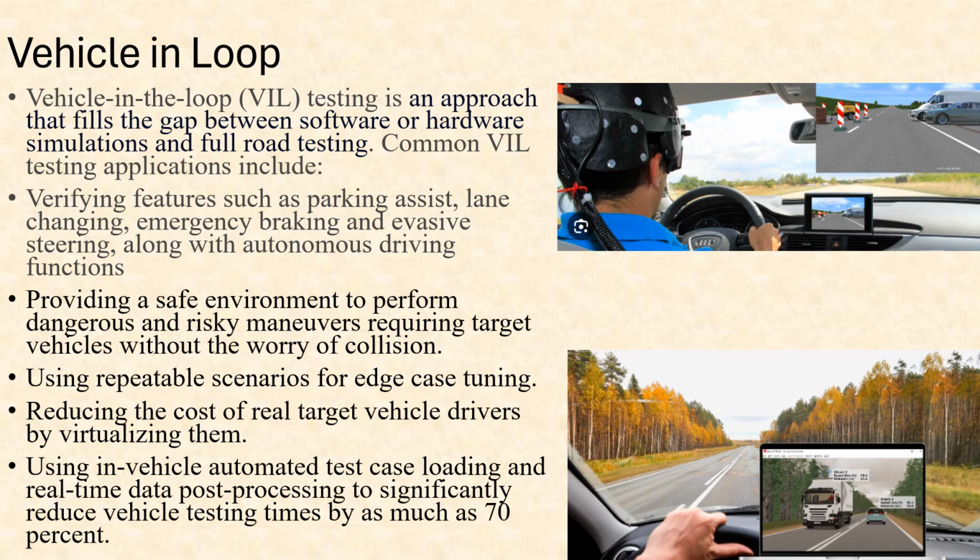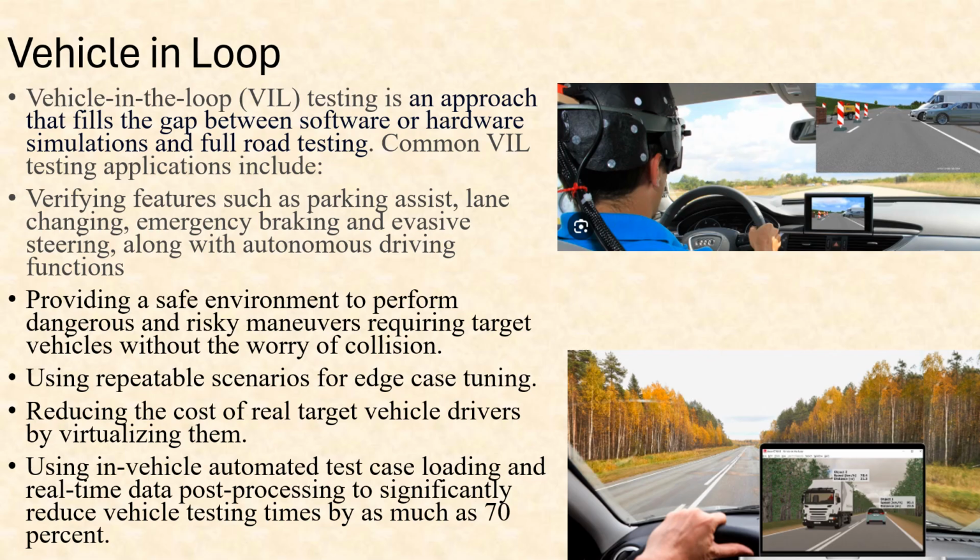Okay, so tuning means tuning of the sensors, tuning of the fuel pump, tuning of the various calibration parameters. All these things are included in edge case tuning, reducing the cost of real target vehicle drivers by virtualizing them. Okay, so we are putting some dummy vehicles, not the real target vehicles.